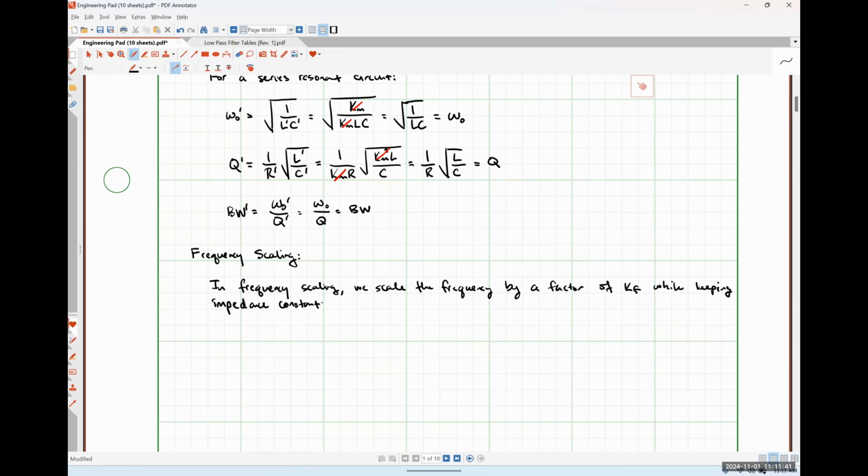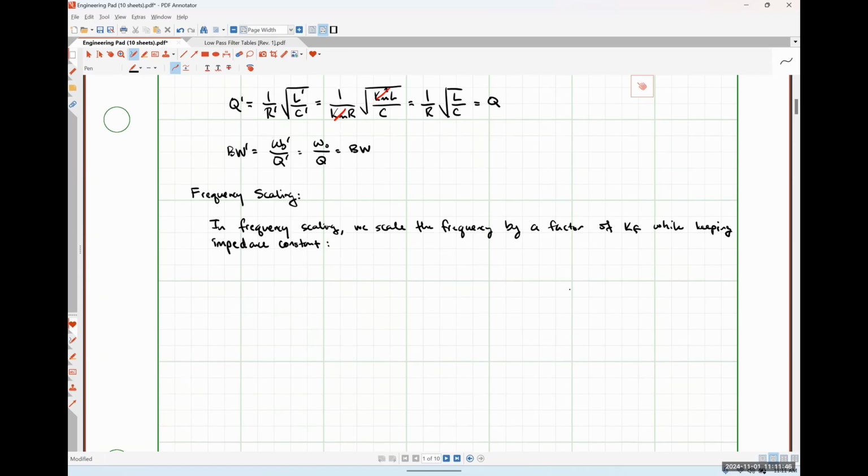So our scaled version for our inductance is going to be j omega K_F times L prime, and this has to be equal to the original impedance of j omega L.